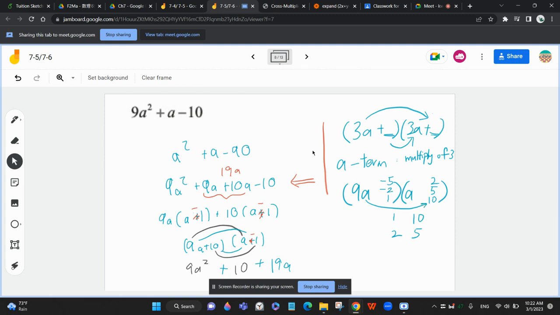So the last guess is 10 over here and 1 over here with a negative over here. Yeah, so this one is the correct one. So you get 9a minus 1 times a plus 10.